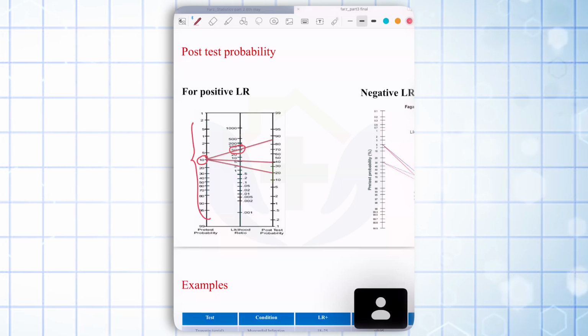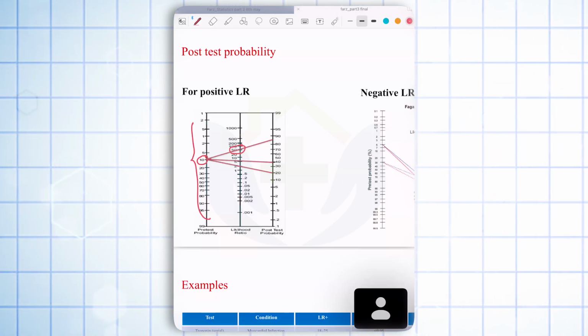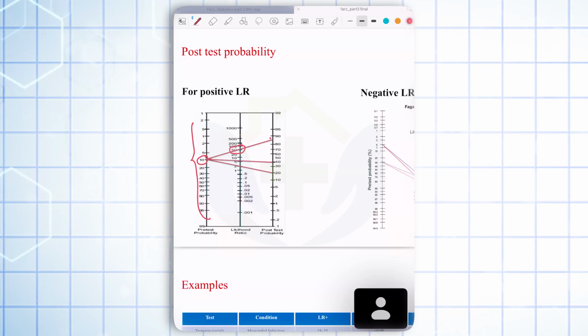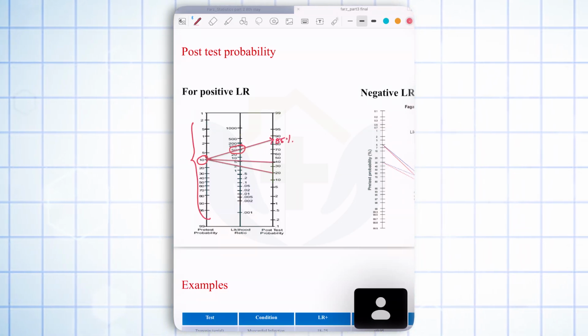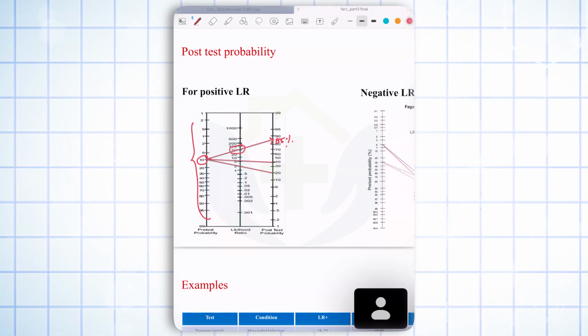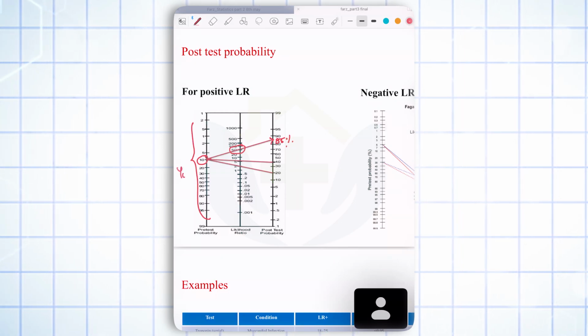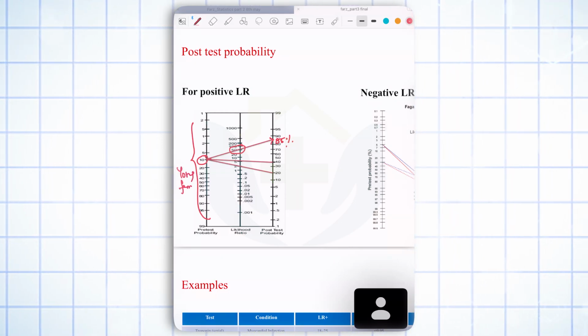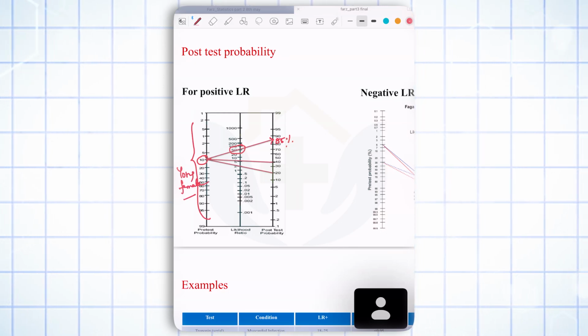If I use a test with a positive likelihood ratio of 50, the post-test probability goes to nearly 85%. So if the test turns out to be positive, even though the pre-test probability is low, I will not send the patient back. For example, the same young female patient comes with chest pain, the pre-test probability is very low, 10%.